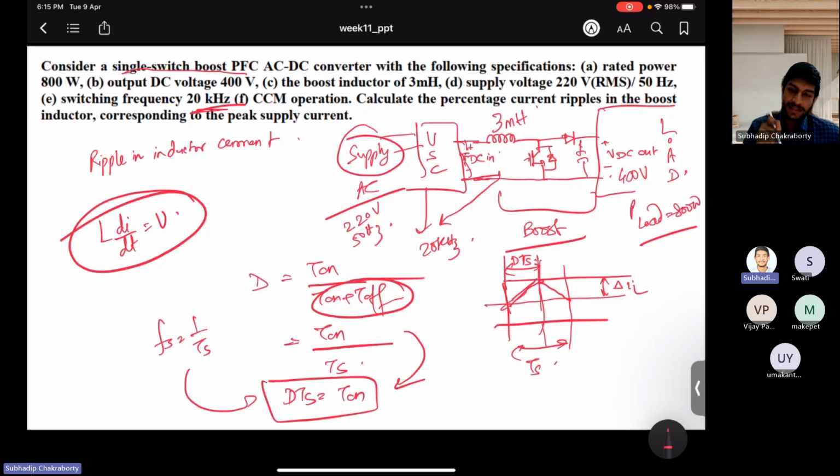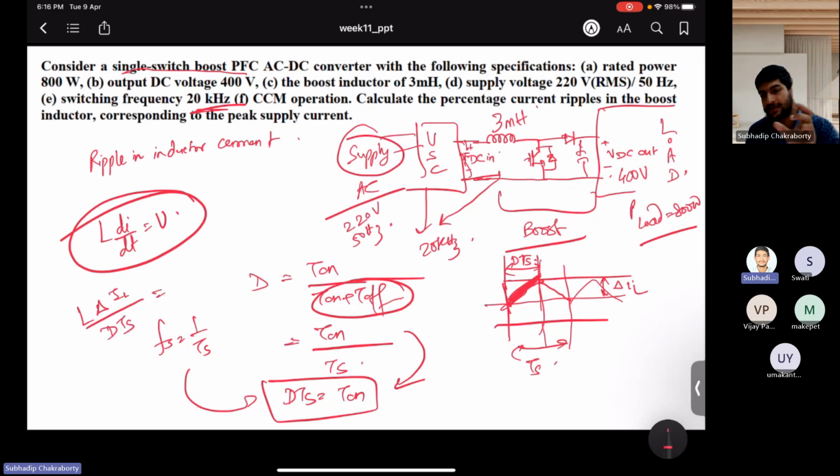Continuous current conduction mode means that wherever you started from, you get back to that point after a TS. So you should have the same amount of ripple during switch on and switch off. So L into delta IL I can write, because this is the amount of ripple, and time is D times TS. During switch on I am doing.